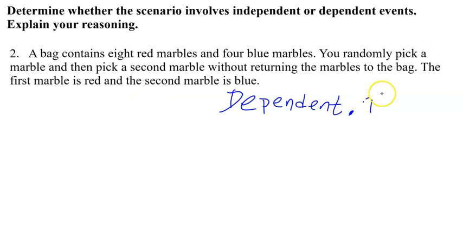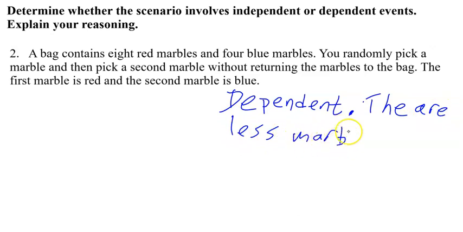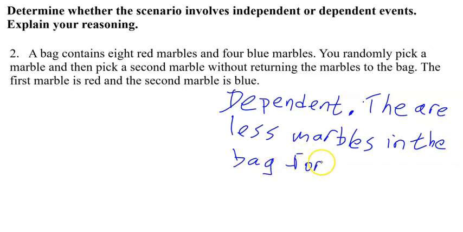So this is dependent because there are fewer marbles in the bag the second time. There are fewer marbles in the bag for the second pick.